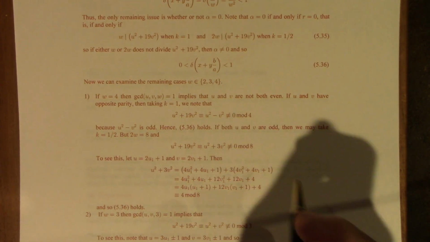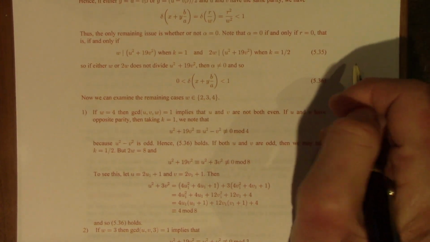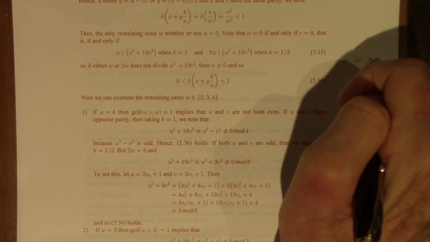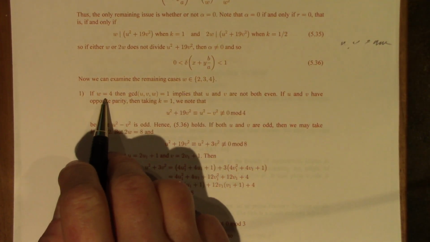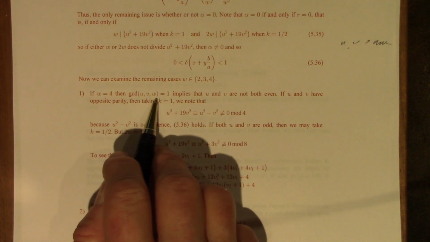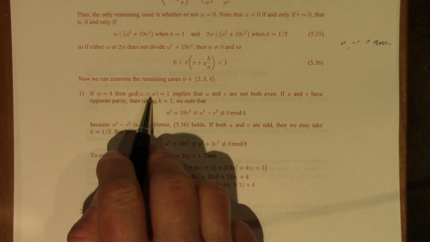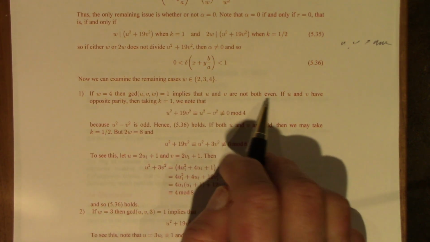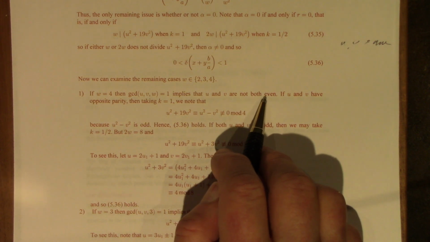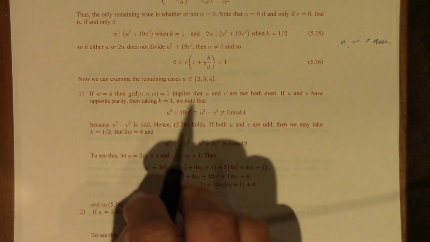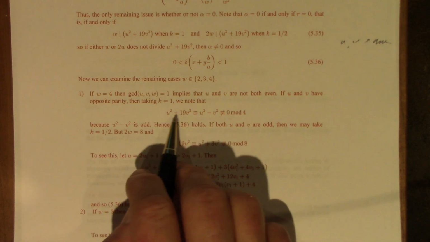Now we can look at the remaining cases. If w is 4, then this condition, u v w relatively prime, implies that u and v are not both even. If u and v have opposite parity, then we have to take k equals 1.